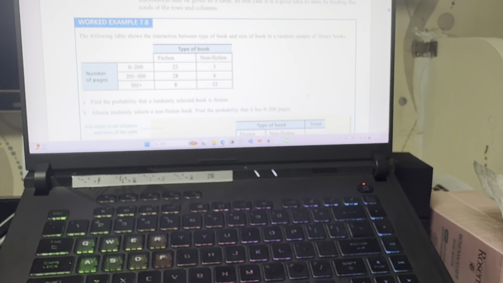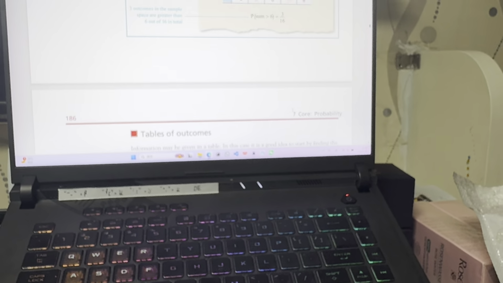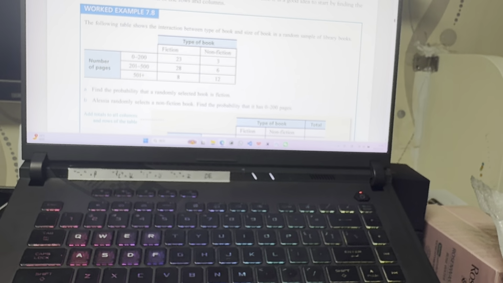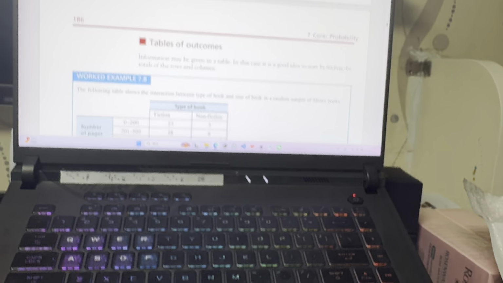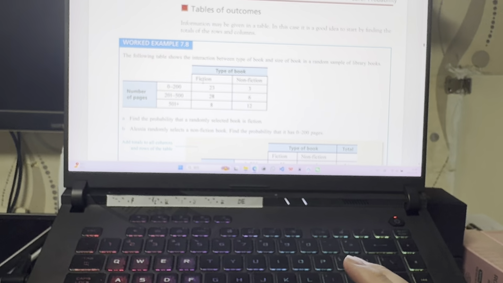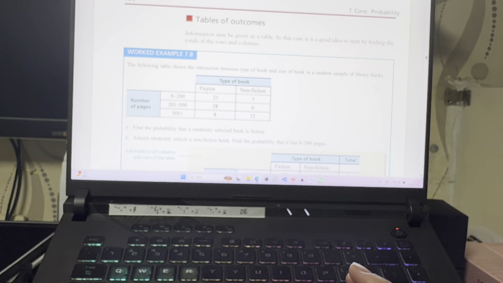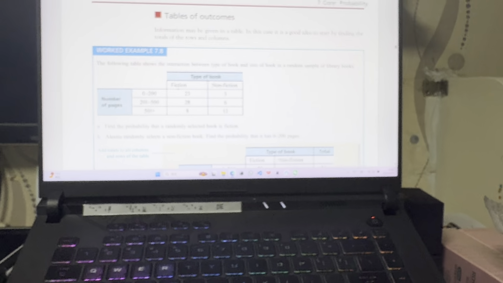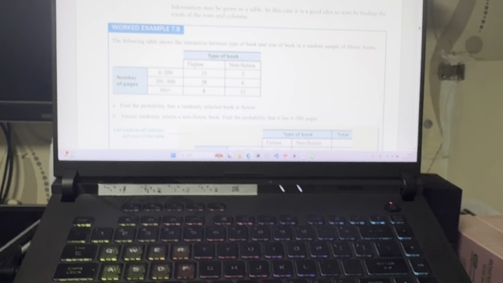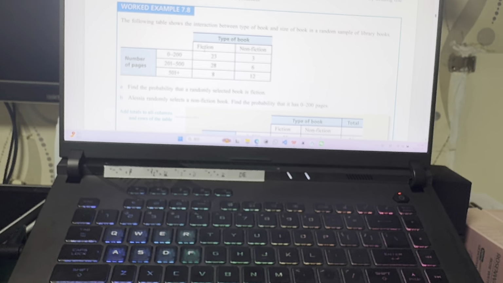Table of outcomes. Oh my god, the table of outcomes is the same as what we saw here. It uses the same method: fiction, non-fiction. For probability, the outcome for an event can be anything. It can be related to numbers, letters, or some real event.